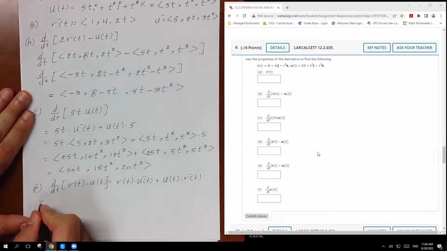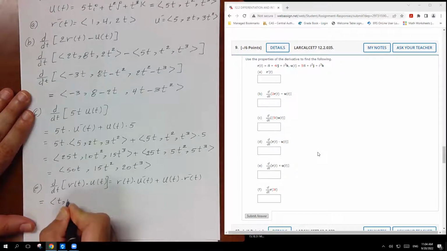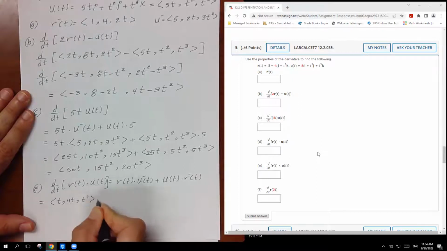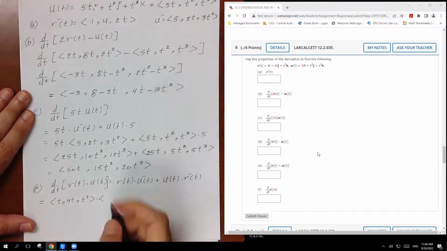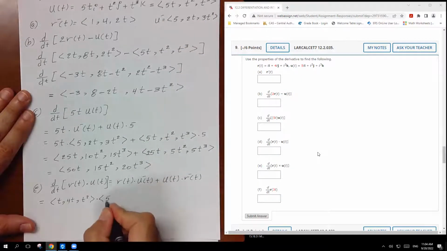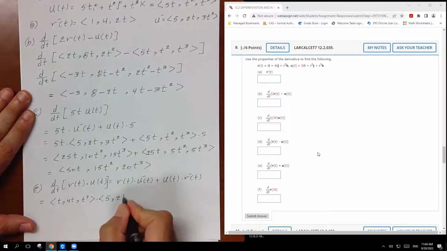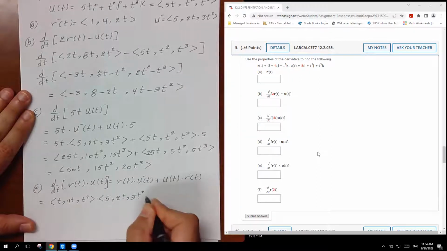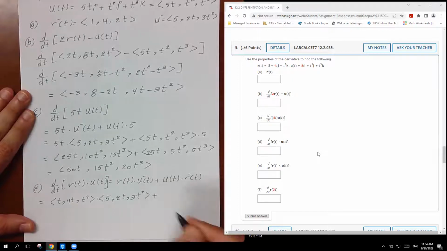That means this one is going to be r of t, which is t, 4t and t squared, dot with u prime, which is 5, 2t and 3t squared, plus.